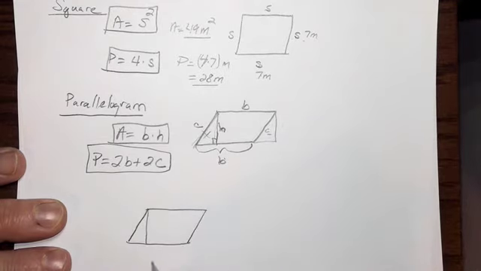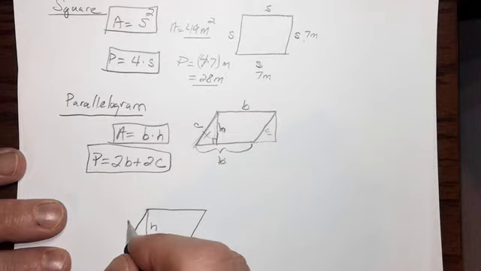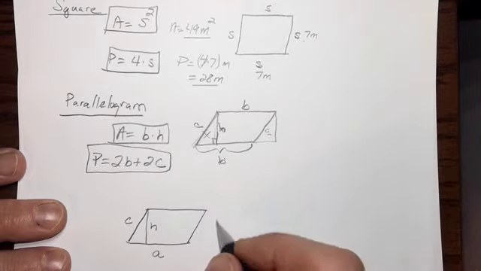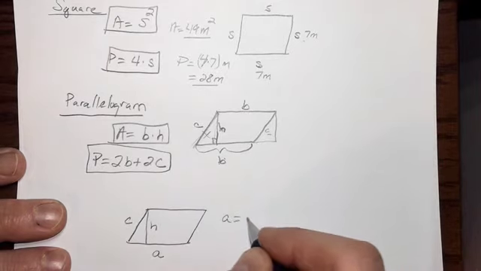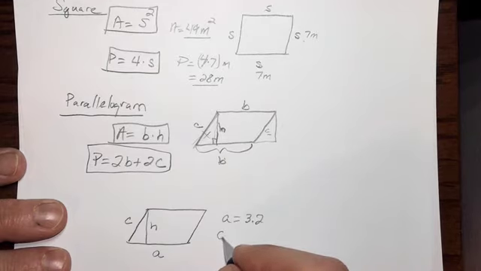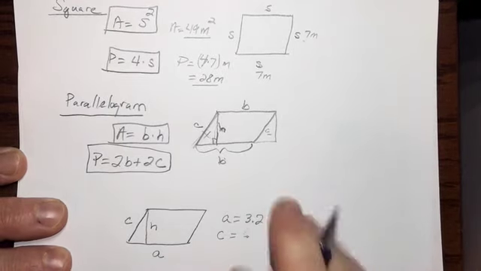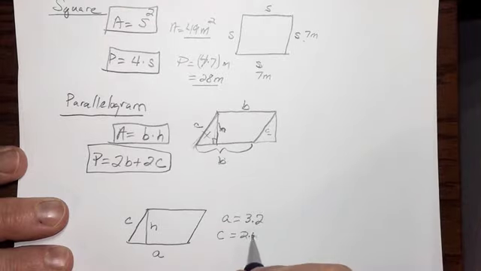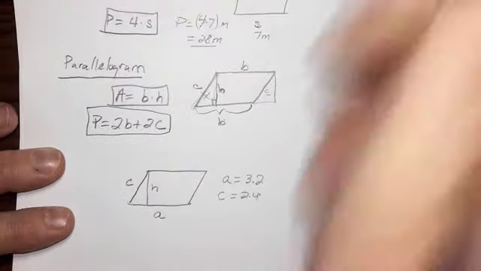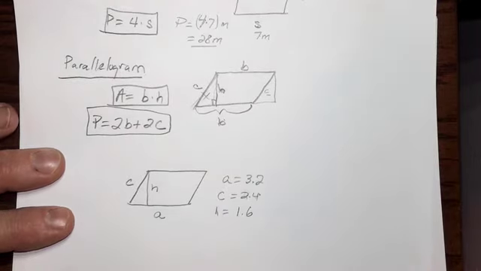If I said this was A, this was H, and this was C, and I said that A was equal to 3.2, C was equal to, well, let's see, let's make that 2.4, and H was equal to 1.6.